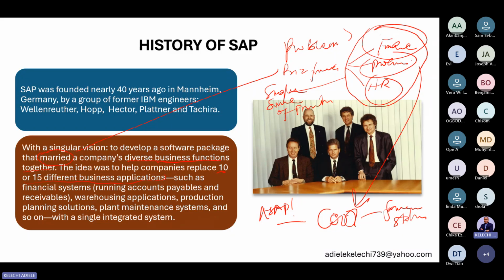There are some companies like that now that have different systems doing different things within even a department. HR might have 3 applications, one for payroll, one for recruitment, one for maybe something else. Supply chain will have its own, sales will have their own. So it was crazy.